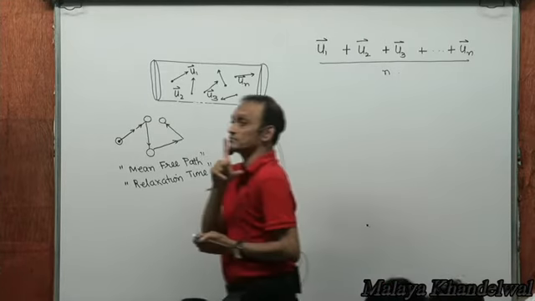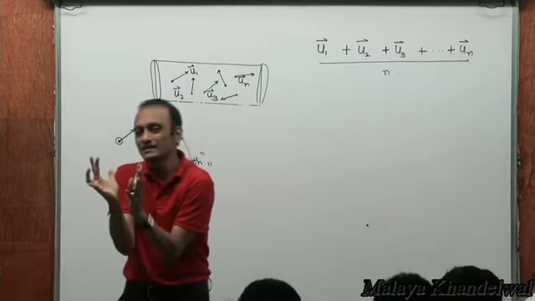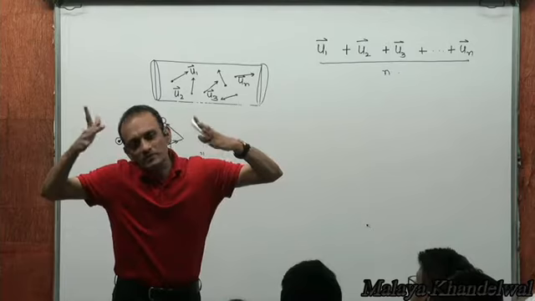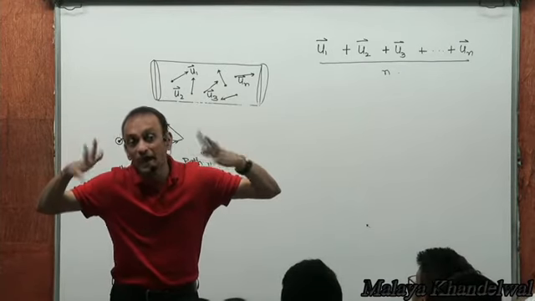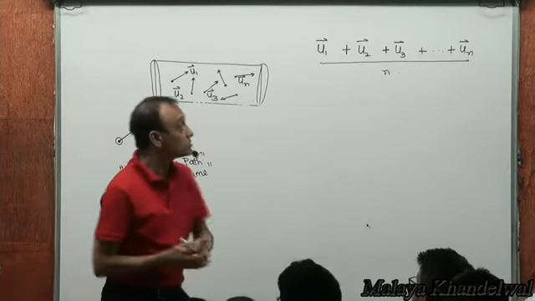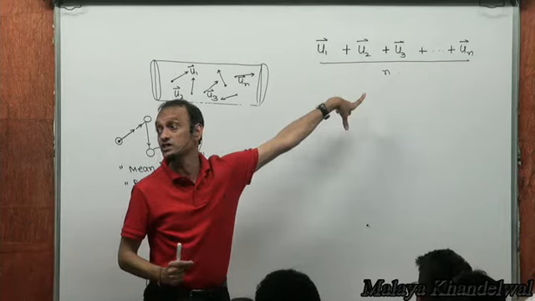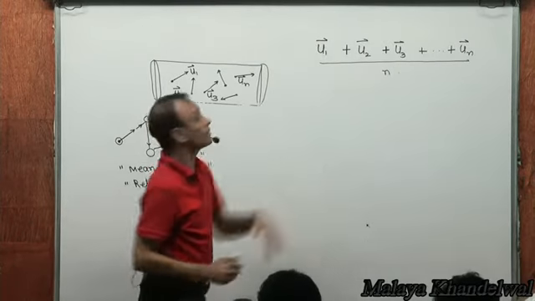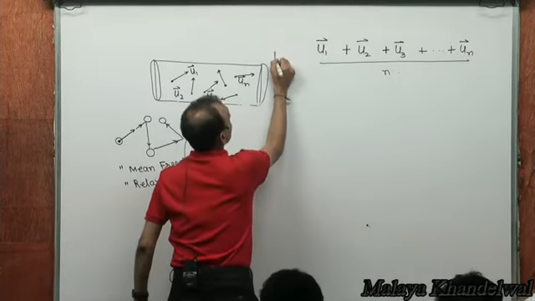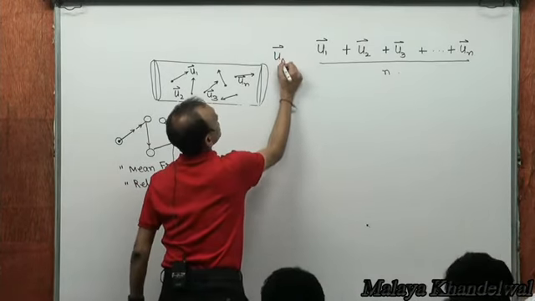Velocity, not speed. Average thermal speed continues to be some 10 to power 4 meters per second. This is average thermal velocity, U average.